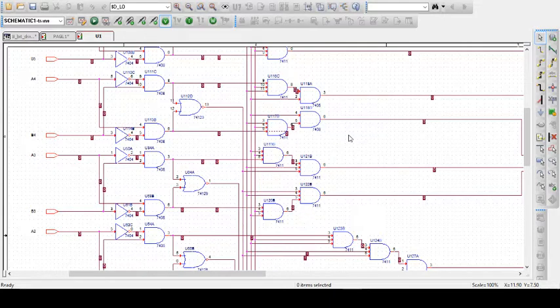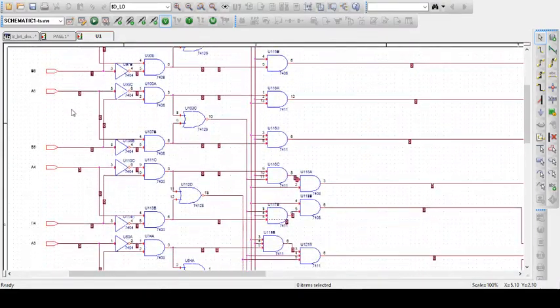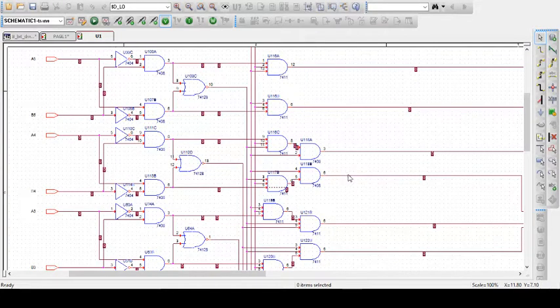And so that's effectively saying that if the fourth least significant bit of A is greater than the fourth least significant bit of B, and the previous bits of A and B are equal, then you'll have a positive output here, or a high output here.